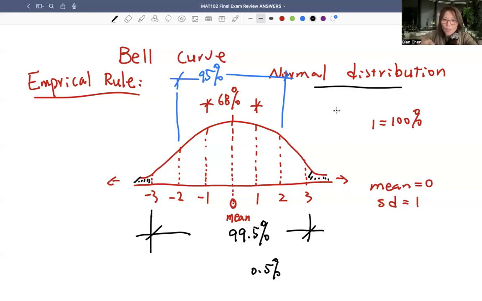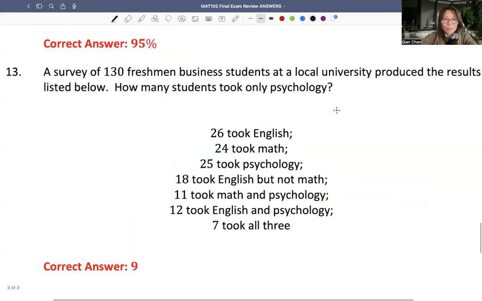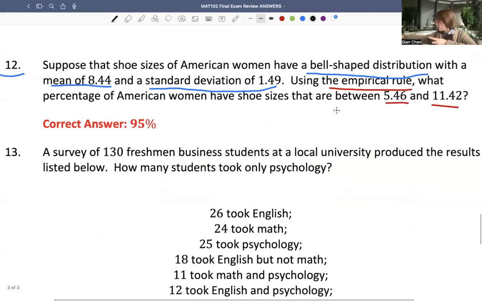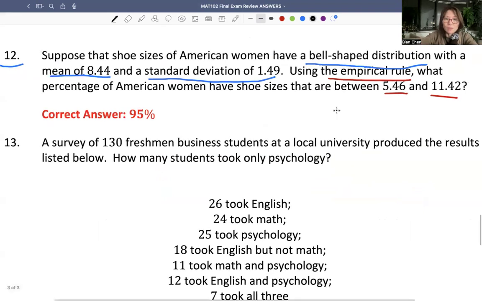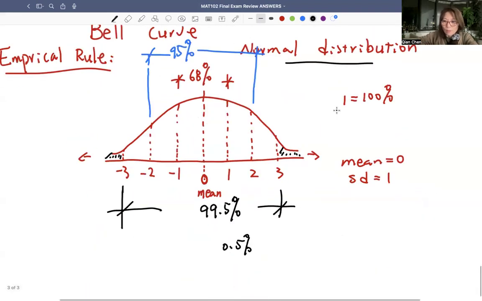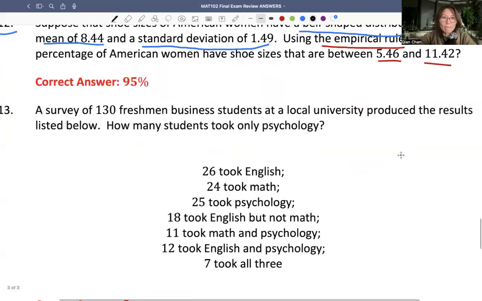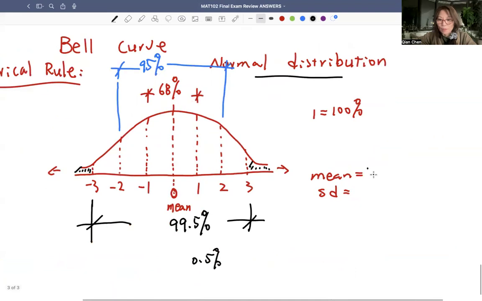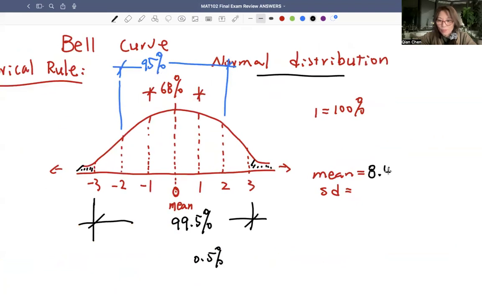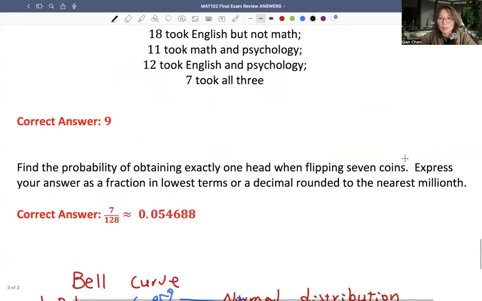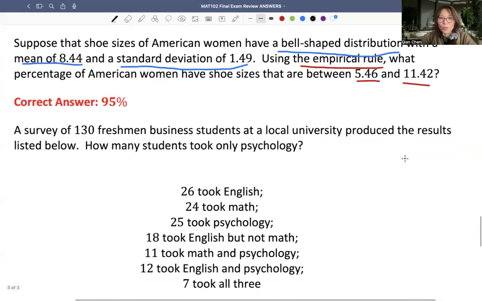So for us, let's write down the numbers we have. We're given the mean to be 8.44, and the standard deviation is 1.49.